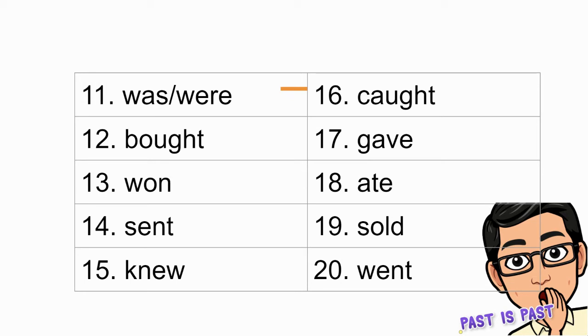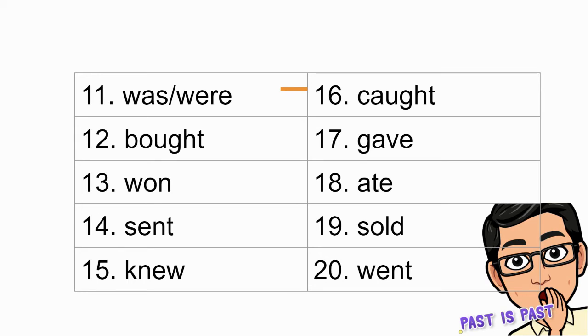Won. 14. Sent. 15. Knew. 16. Caught. 17. Gave. 18. Ate. 19. Sold. 20. Went. These are examples of irregular verbs. Irregular verbs are those verbs that do not have a specific formula to indicate them in its past simple and past participle.